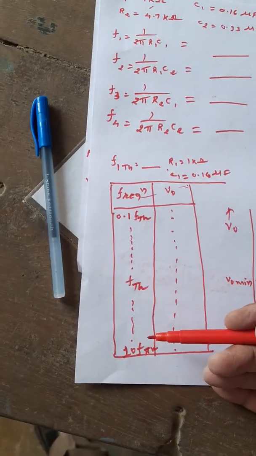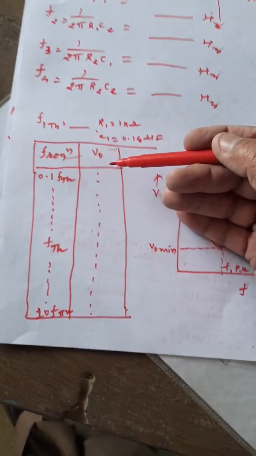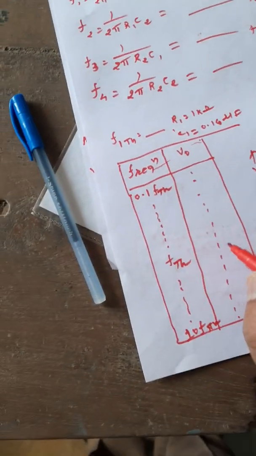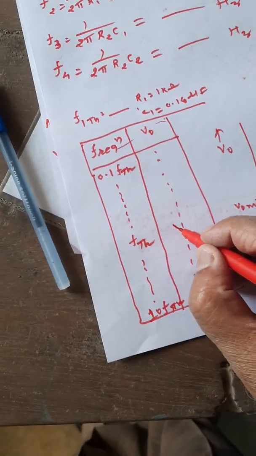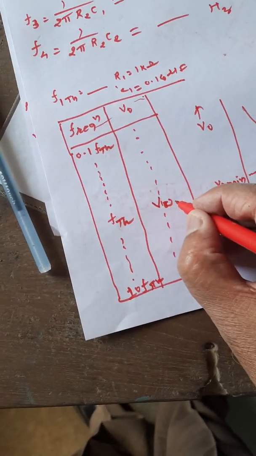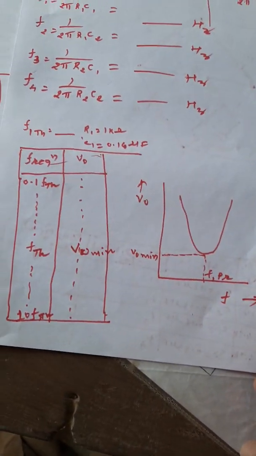You can go up to 2 kilohertz. Every time note down the output voltage, then you will find that at FTH, the output voltage should be V0, the minimum voltage will be available.